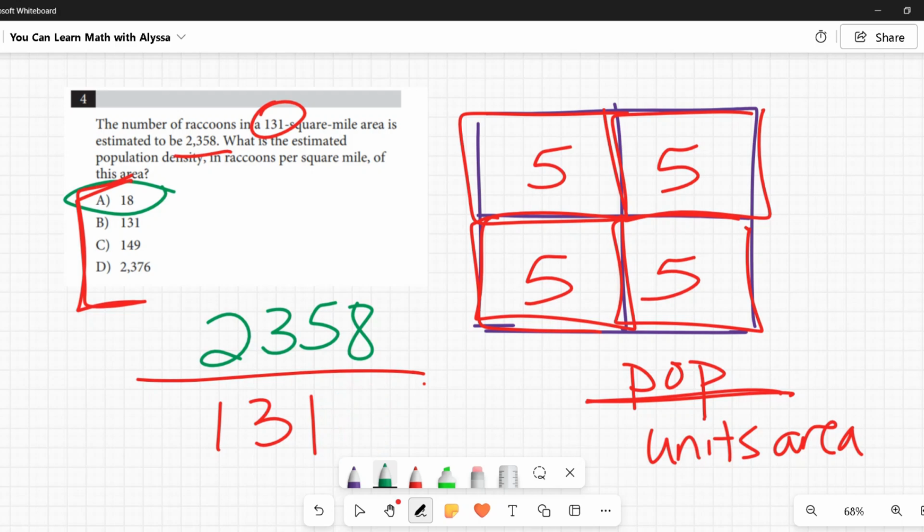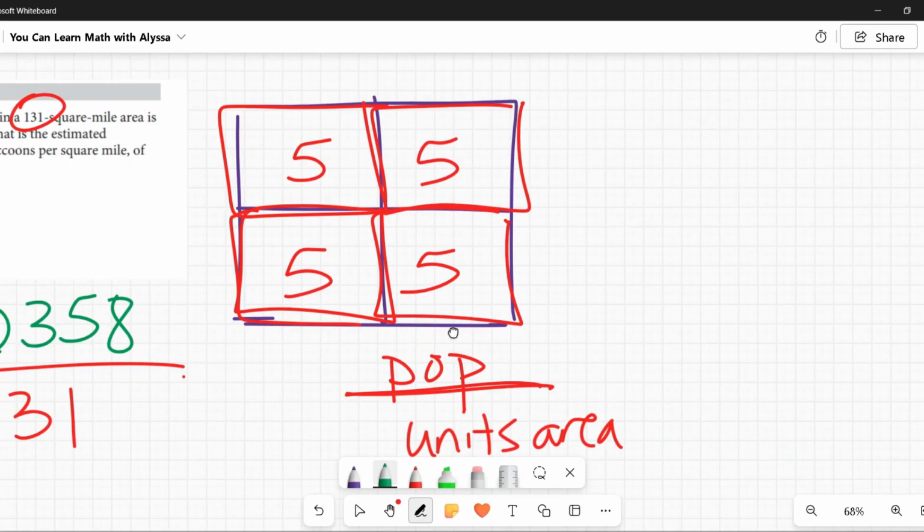So I know it can't be 131, 149, or 2,376. There's no way 131 goes into 2,358 that many times. So in this particular case, given the answers that are there, you don't even have to put it into your calculator. But it's not that time consuming, so why not just pop it in and then you've got the right answer, A, 18.